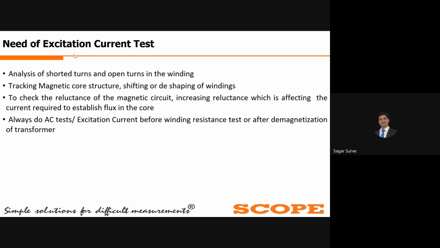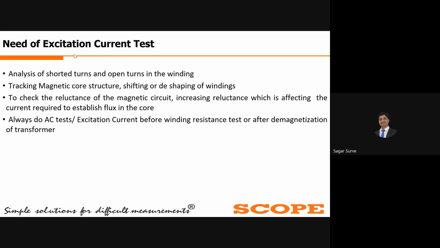Always conduct the AC test, the excitation current test, before the winding resistance test, or after demagnetization of the transformer. What happens whenever we conduct any type of DC test on the transformer? At that time, your transformer will get magnetized, because there is a magnetic core.